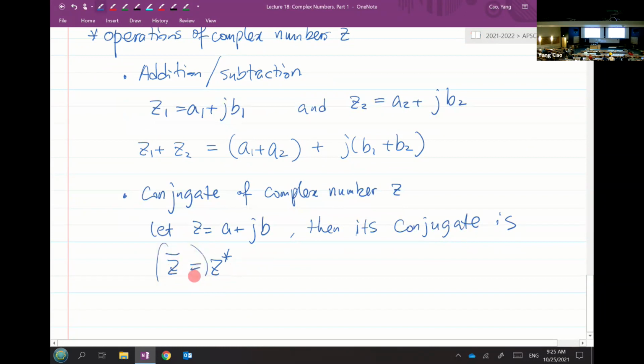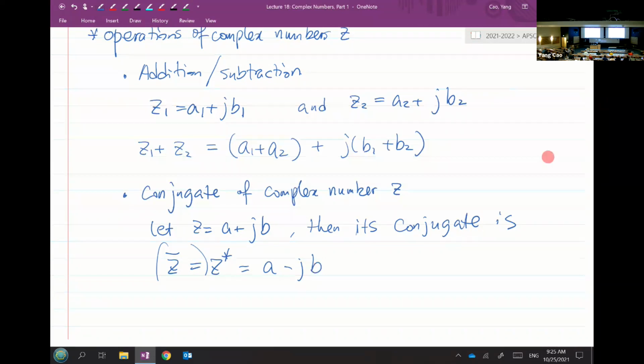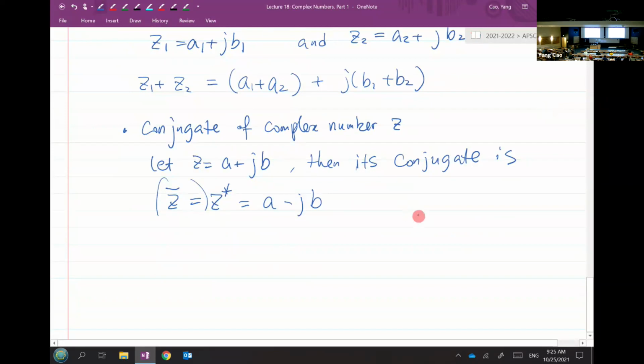It's the same meaning. In my lecture notes, I'll use Z star. All you need to do is flip the sign of the imaginary part, so plus jb becomes minus jb. That's the conjugate of a certain complex number.